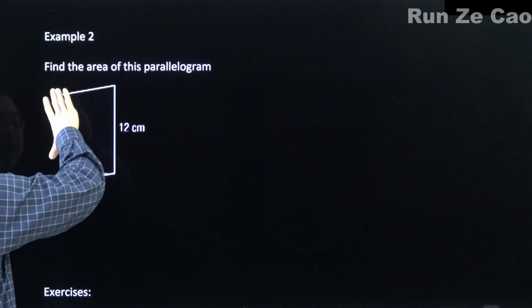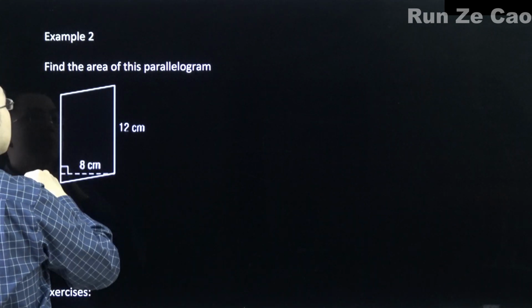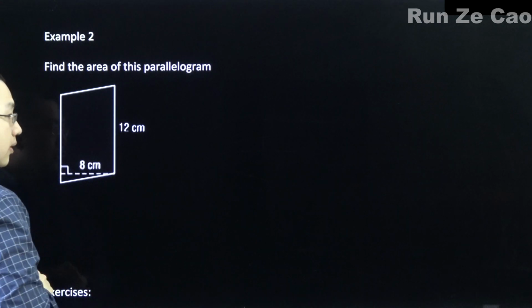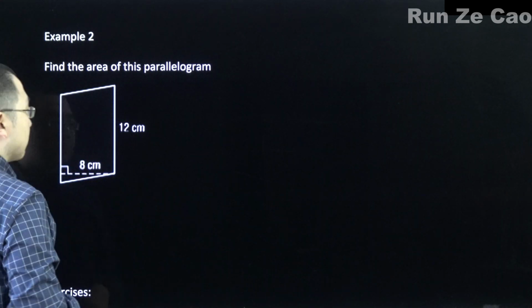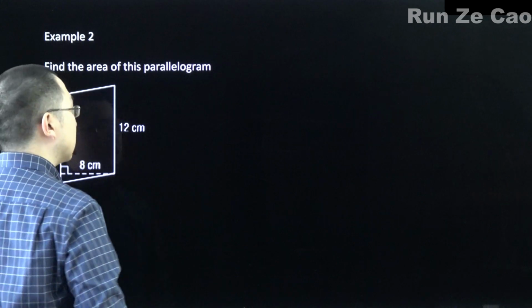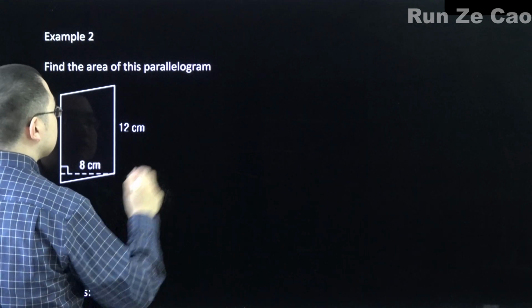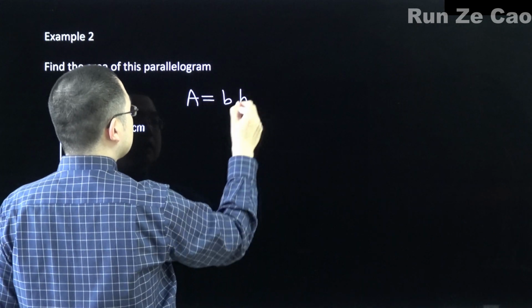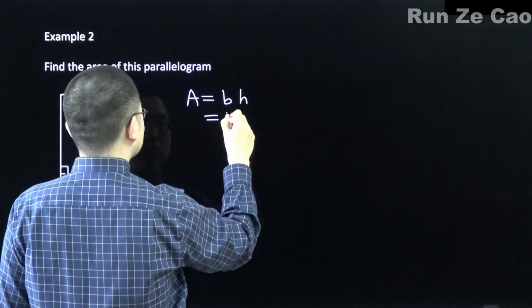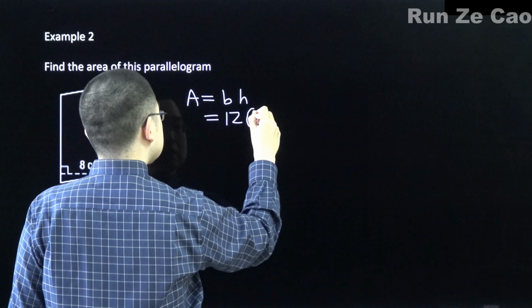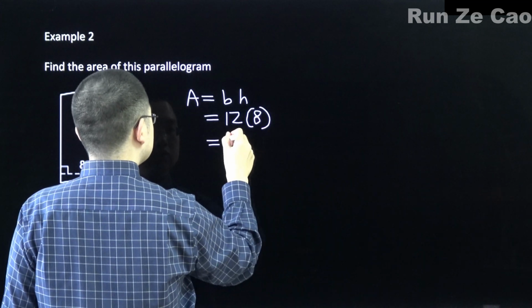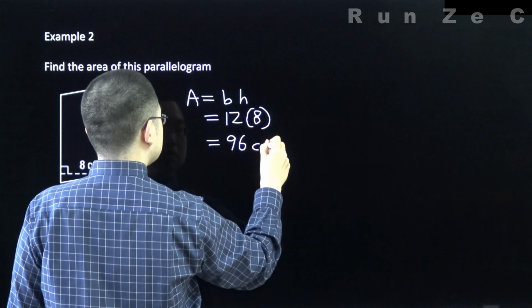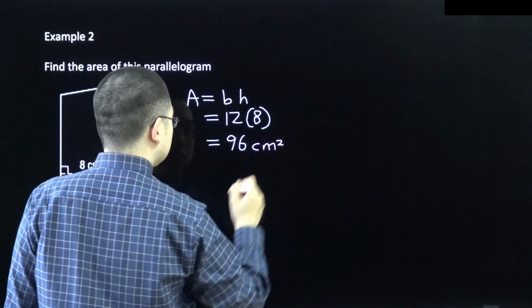And we know that a rectangle is just width times length, or length times width, depending on which you like to write first. Okay, so area is equal to base times height. So 12 times 8, which is equal to 96 square centimeters.